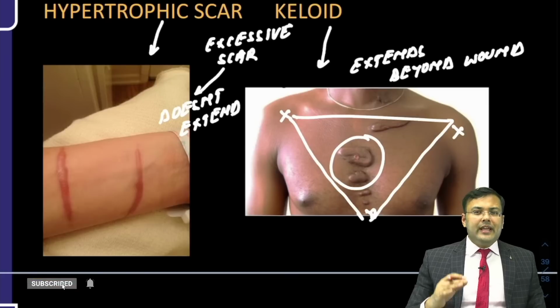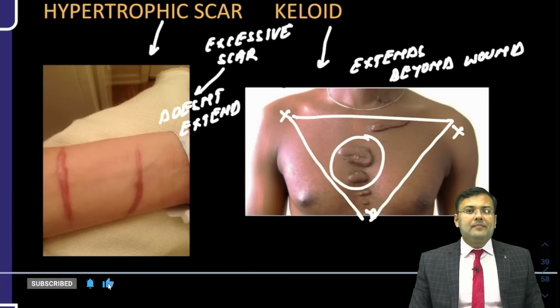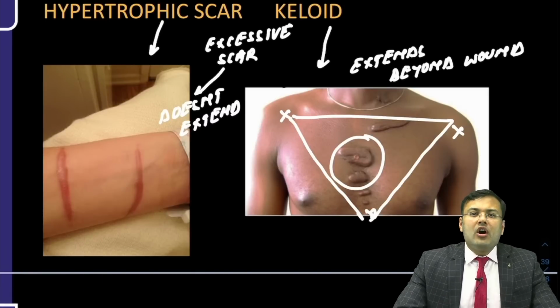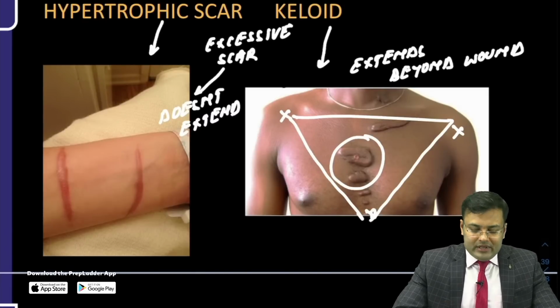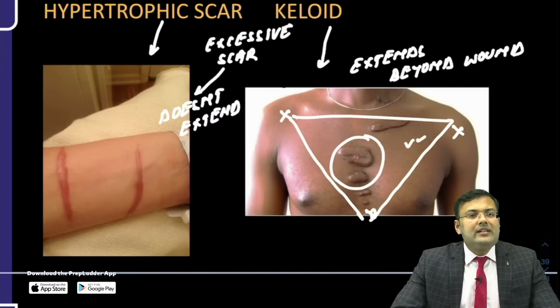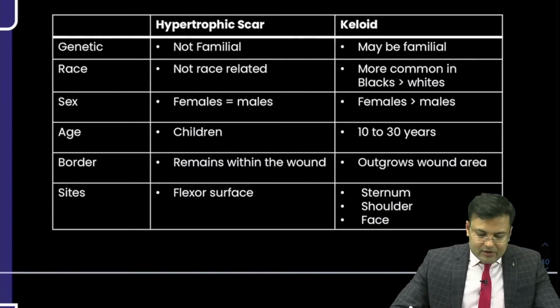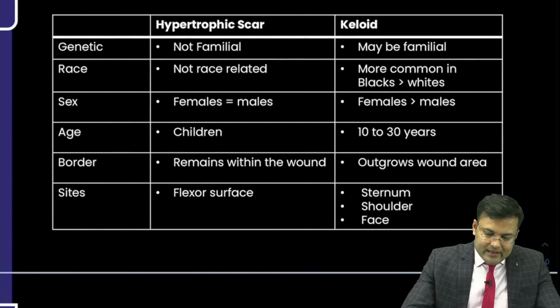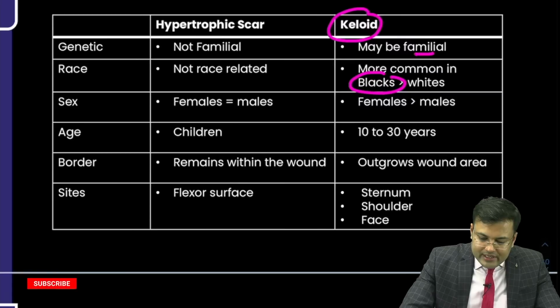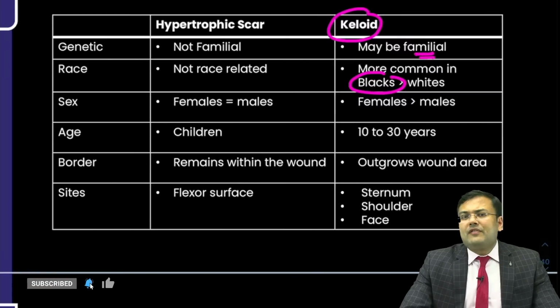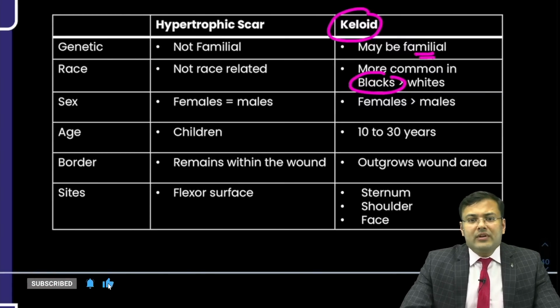Another question, in which race is it more common? In white races or in darkly pigmented races? You can see the color of the skin. It is more common in darkly pigmented races. So what are the differences between hypertrophic scar and keloid? Keloid is generally seen in darkly pigmented races, so it can be familial. Hypertrophic scar is not familial, not related to race.